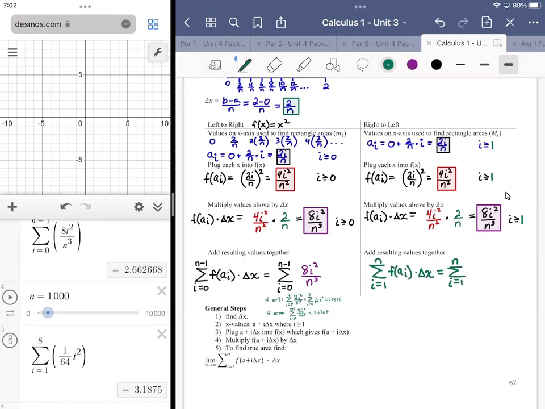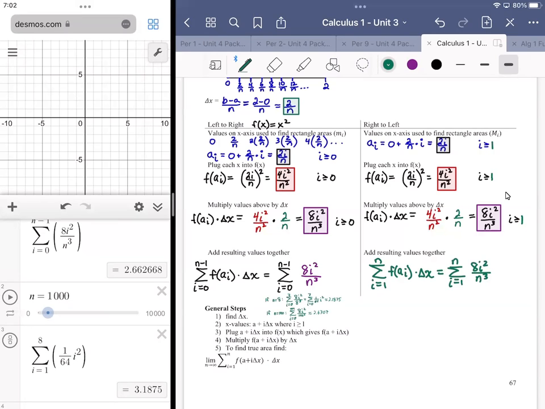So it's 8i squared over n cubed, but just going from 1 to n now. So we shifted 1 unit down the line, right?